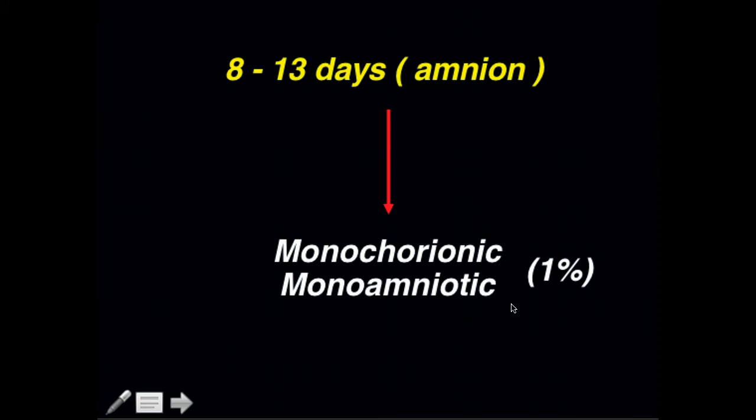Now, I know all the math majors in the audience have already calculated that I was up to 100%, so I'm over 100% here. But suffice it to say, 1/4 of monozygotic twins will be dichorionic, 3/4 will be monochorionic, and a very small number of those will be monoamniotic as well.